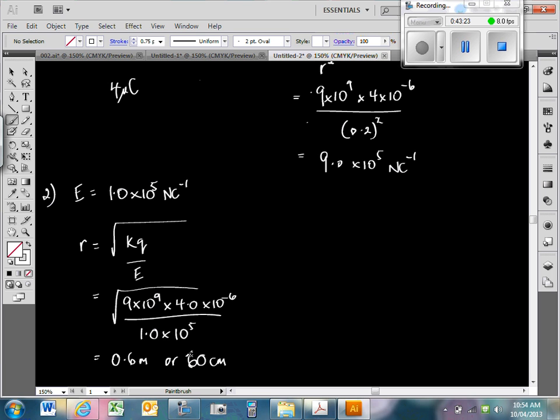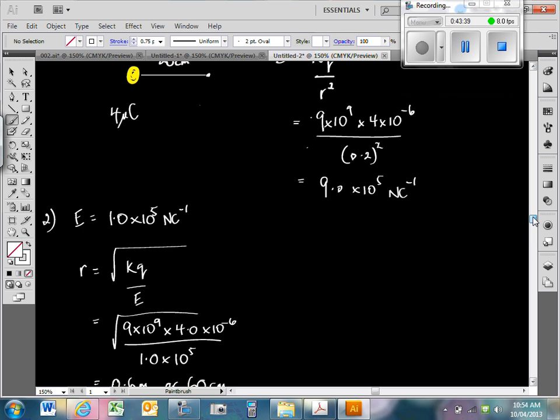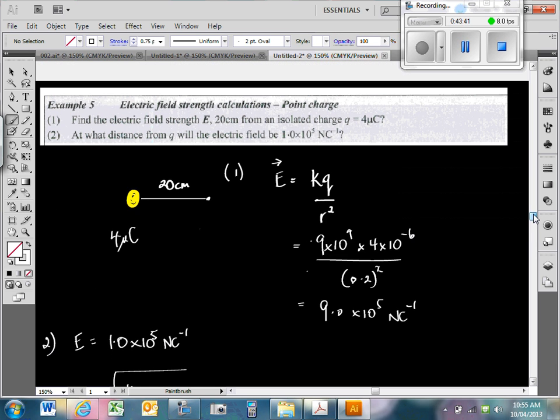We're 3 times the distance, aren't we? Can you see the connection there? 1 by 10 to the 5, 9 by 10 to the 5. It's a value of r, 1 over r squared value. So they're proportional there. Okay, very good. You guys should be seeing that straight away now.